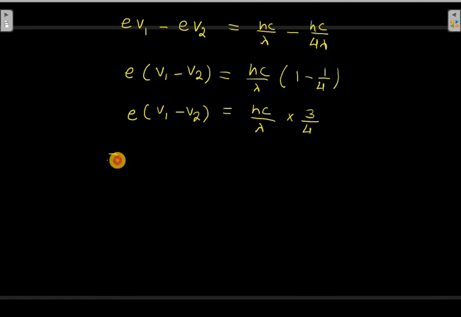From here we can write lambda will be equal to 3 by 4 multiplied by hc upon e into V1 minus V2.